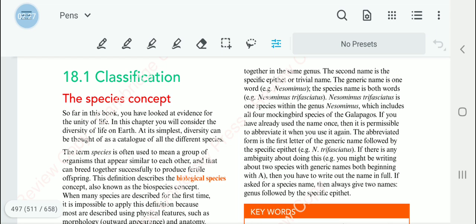But now we learn about species. A species is categorized as a group of organisms that appear similar to each other and have the ability to breed together successfully to produce fertile offspring. This is a general requirement.